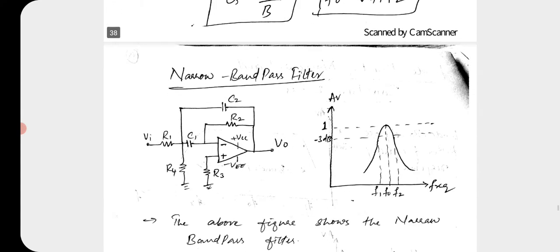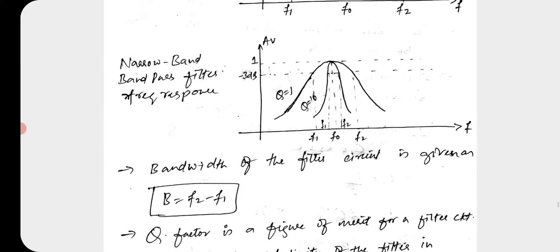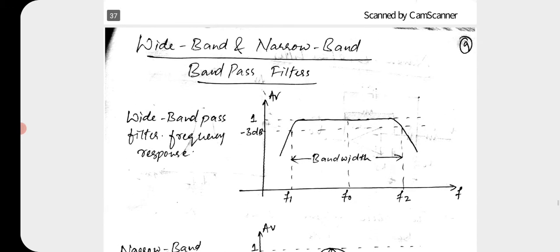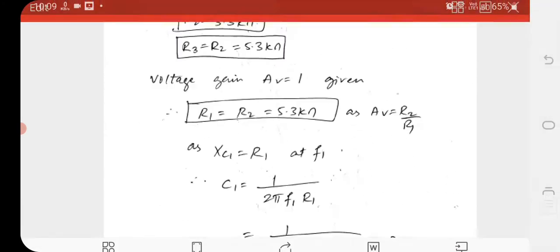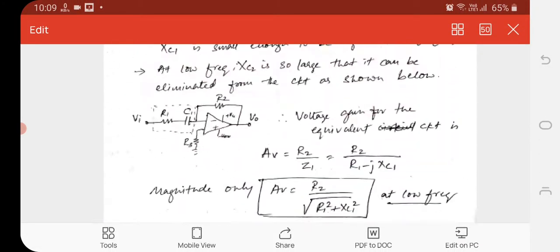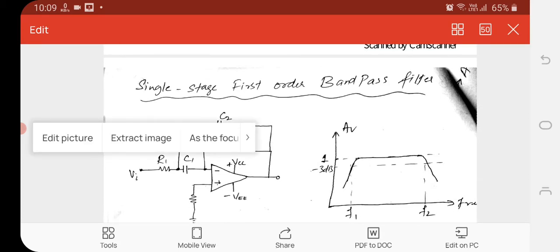Now let us see the design for the narrow band pass filter. The wide band pass filter is the same as what we saw yesterday. This is the wide band filter.